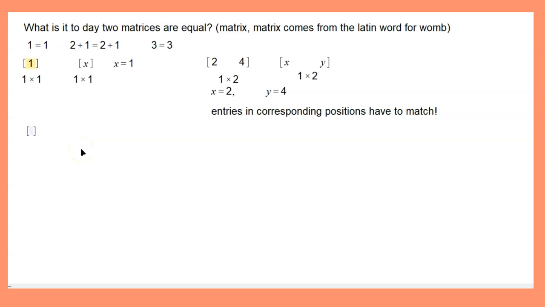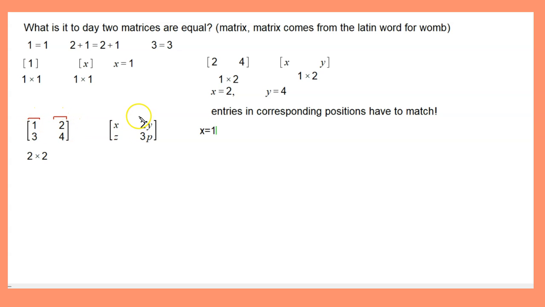Let's move on. Imagine now we have 1, 2, 3, and 4. Again, it's a 2 by 2 matrix, 2 rows, 2 columns. And then imagine here you have the following: x, 2y, z, and then, for example, 3p. Let's say we want to make sure that these two are equal. That means x must be equal to 1, because they're in the same position, first row, first column.